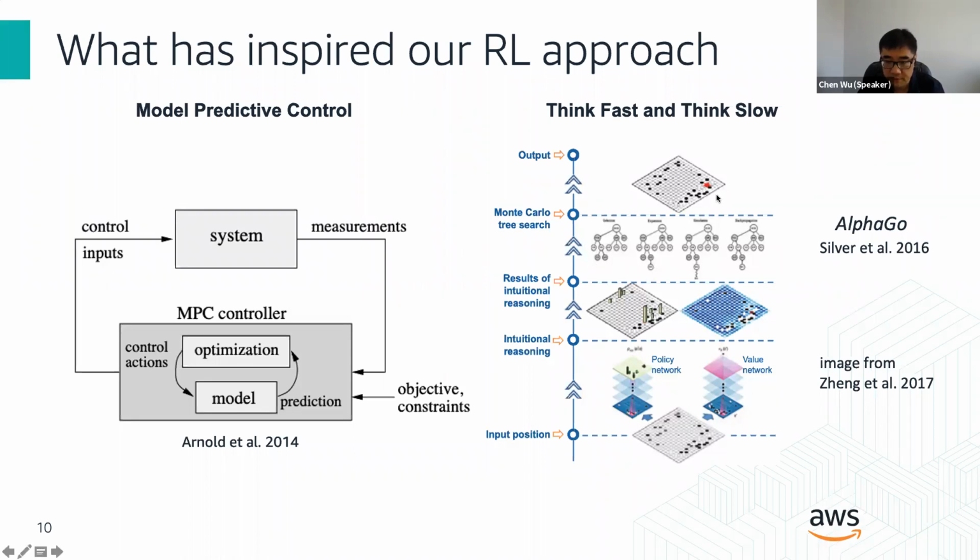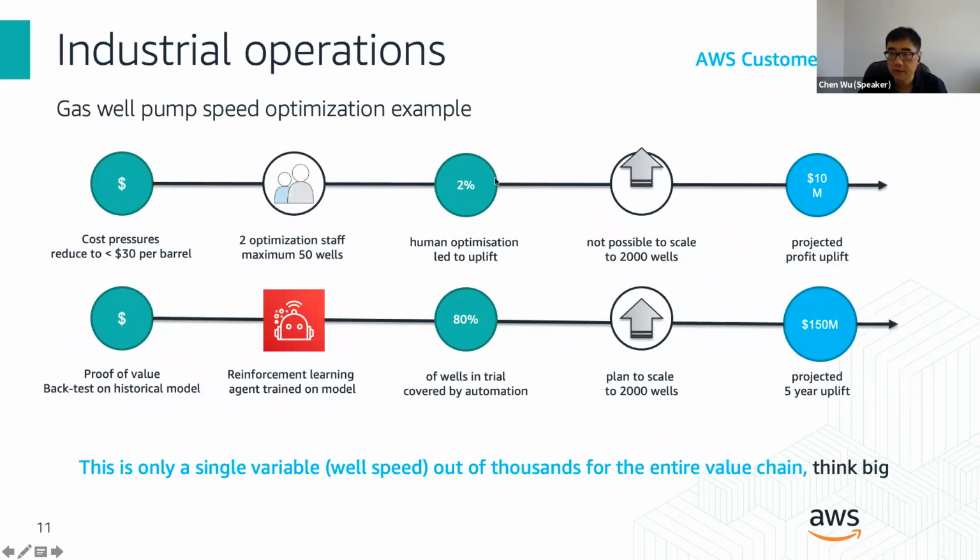This part is called think slow, and this part is think fast. The combination of the two, we believe, can go a long way in terms of optimizing your industrial operations. So now we can talk about the, let me just move this across. Okay.